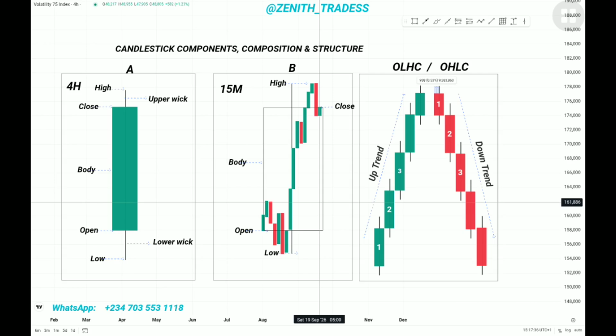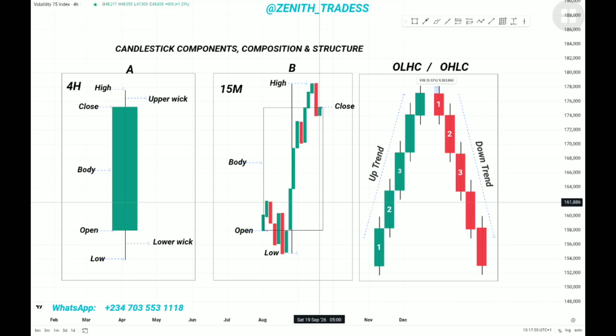A daily candle contains 6 4 hour candles, and that same daily candle contains 24 1 hour candles, because there are 24 hours in a day. A 4 hour candle contains 16 M15 candles, and that same 4 hour candle contains 4 1 hour candles, because how many hours in 4 hours?